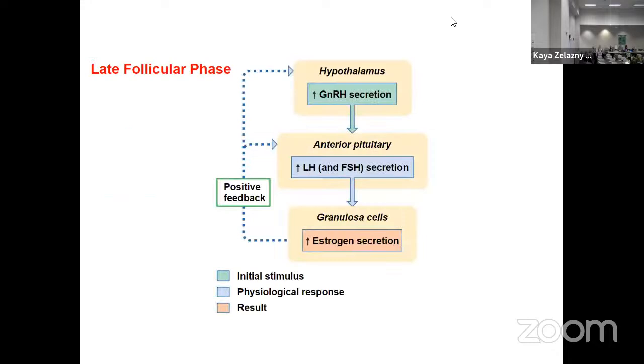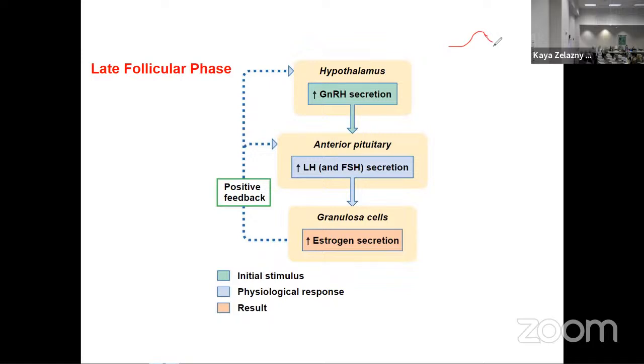But we weren't done yet. Let's draw our little graph on the side while we're doing this. Before, we were looking at the early and mid follicular phase. We had started out with our estrogen increasing, having a rise prior to ovulation and then falling a bit again.